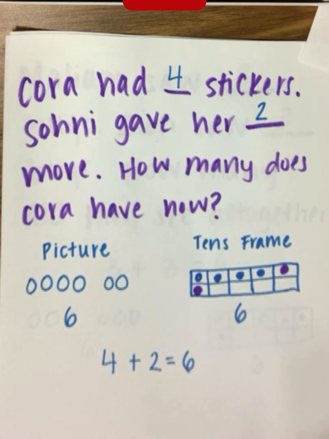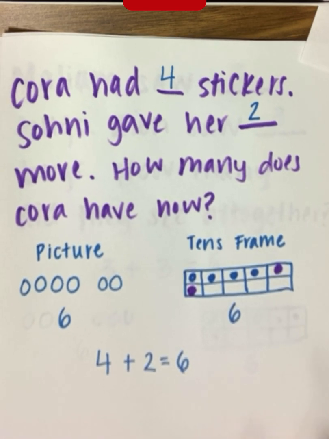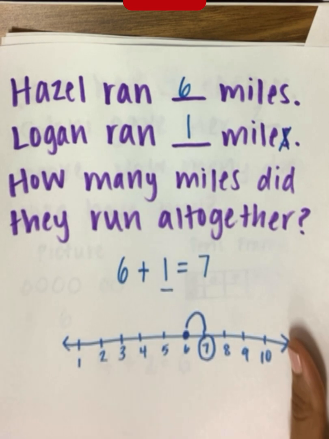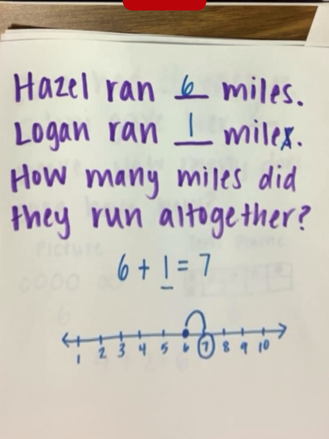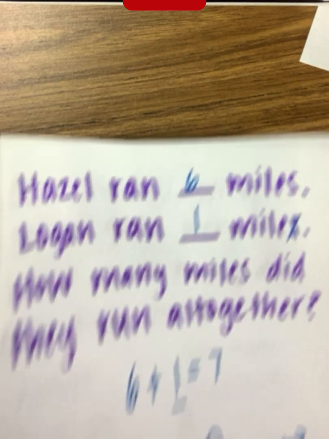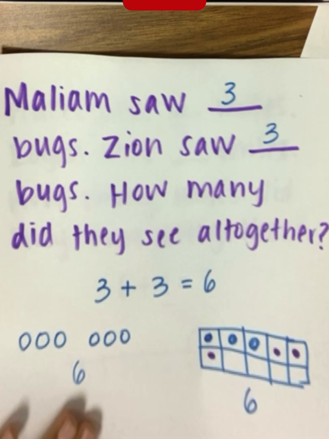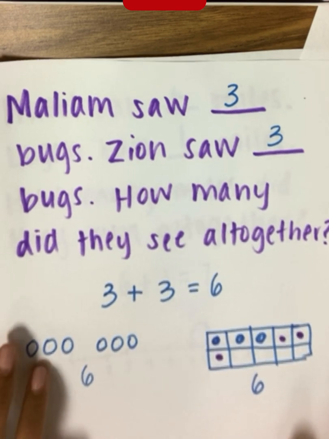So if you would like to use this example, you can pause the video now and copy it down, and all you have to do is change the name. And if you'd like to use the bugs example, you can pause the video now.